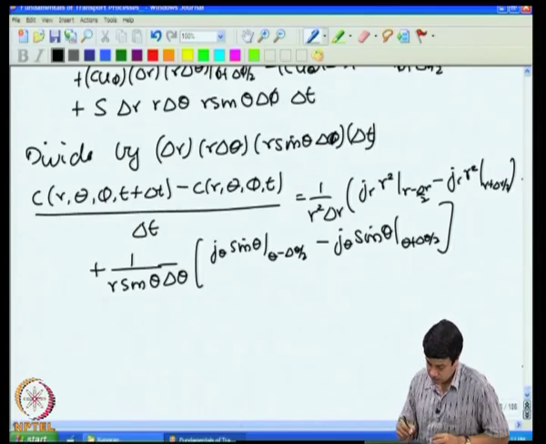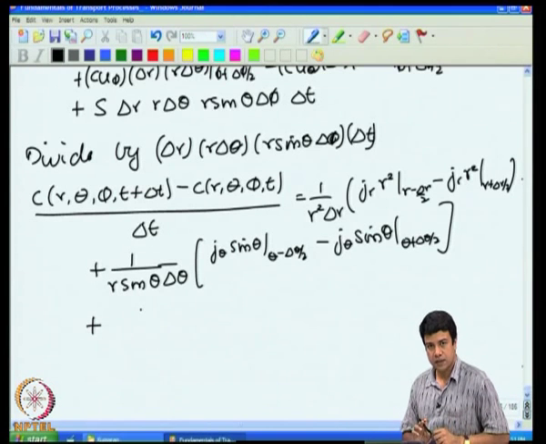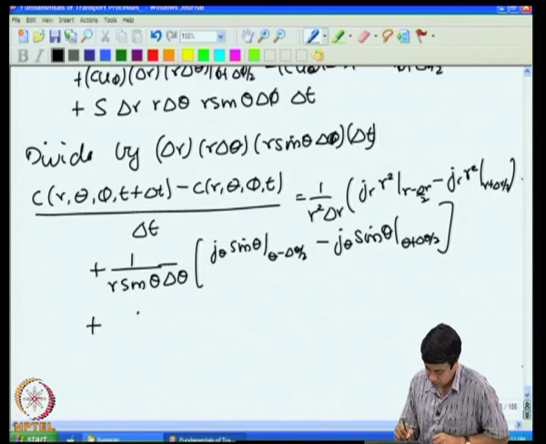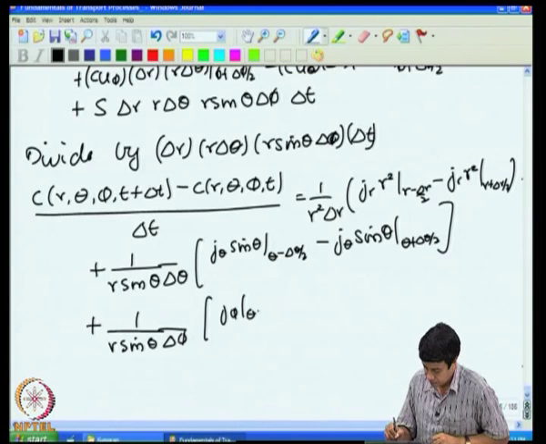Okay. Similarly, in the phi direction, the area is delta r times r delta theta. Okay. And therefore, when I divide through it, I will get 1 over r sin theta delta phi into j phi at phi minus delta phi by 2 minus j phi at phi plus delta phi by 2.